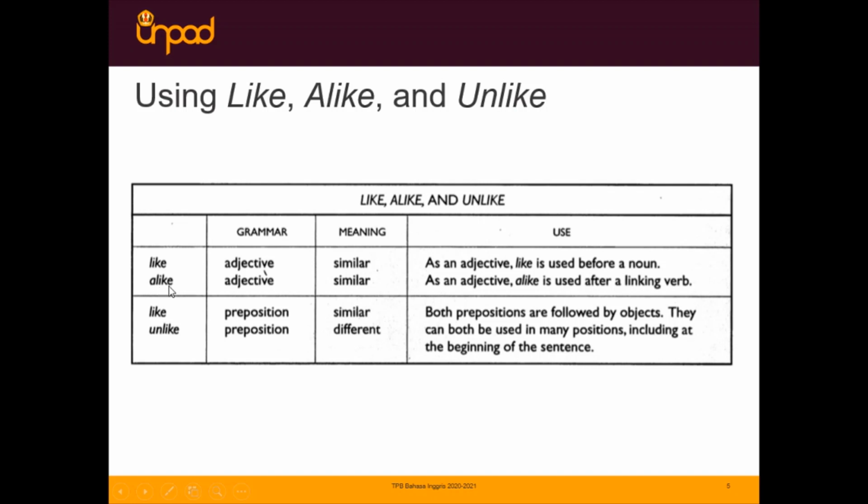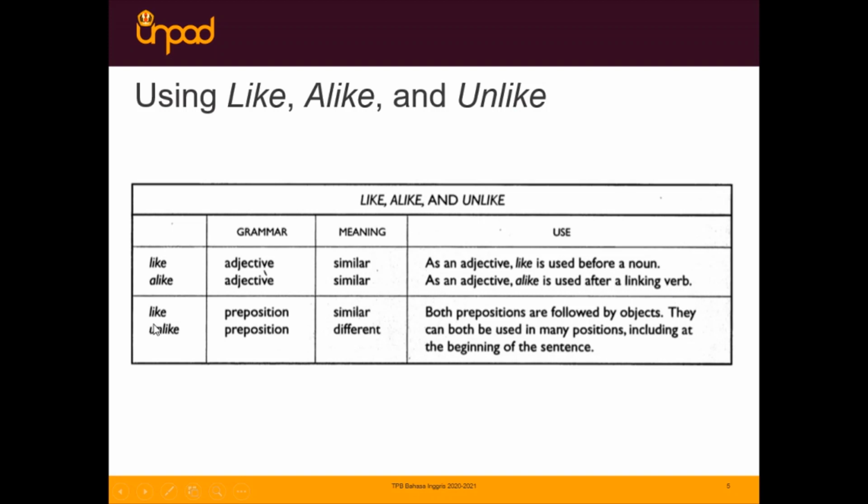Alike, on the other hand, as an adjective, which also has the same meaning, similar, is used after a linking verb. So this is the distinction that you need to know on the use of like and alike as adjectives. Like is used before a noun, whereas alike is used after a linking verb.